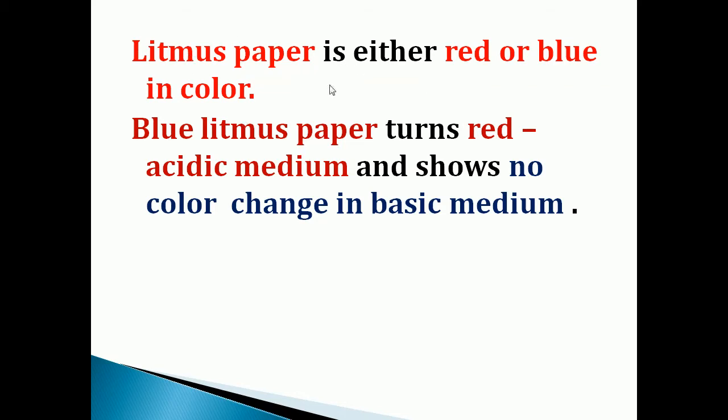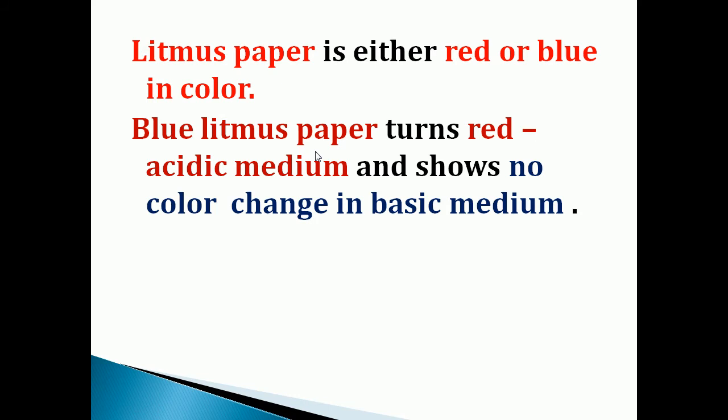Blue litmus paper turns red if the substance is in an acidic medium, and it shows no color change in a basic medium. So if the substance contains acid, blue litmus paper turns red. Understood, children?